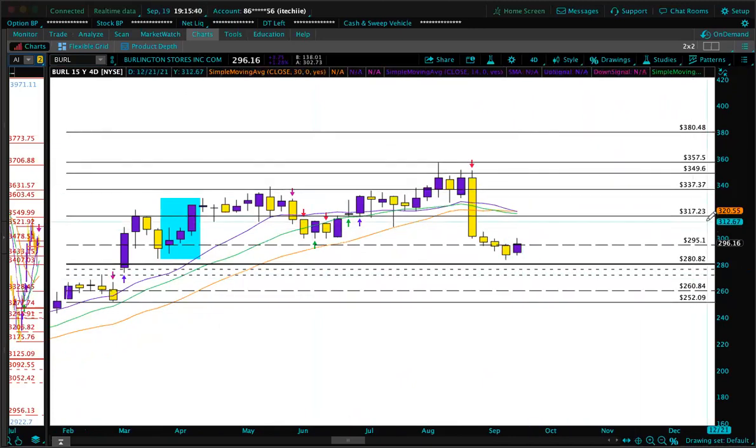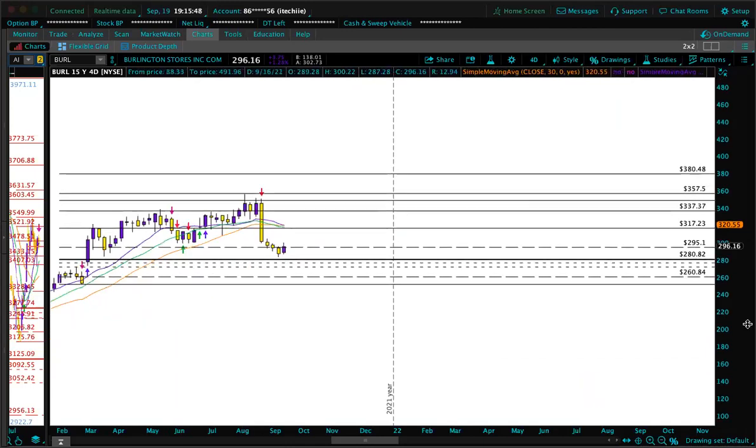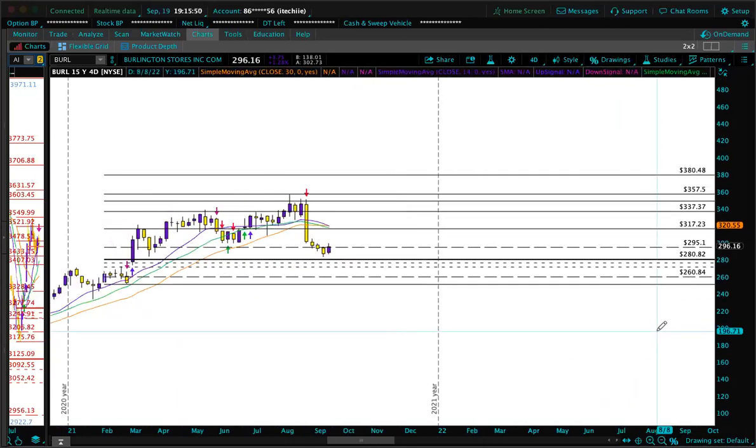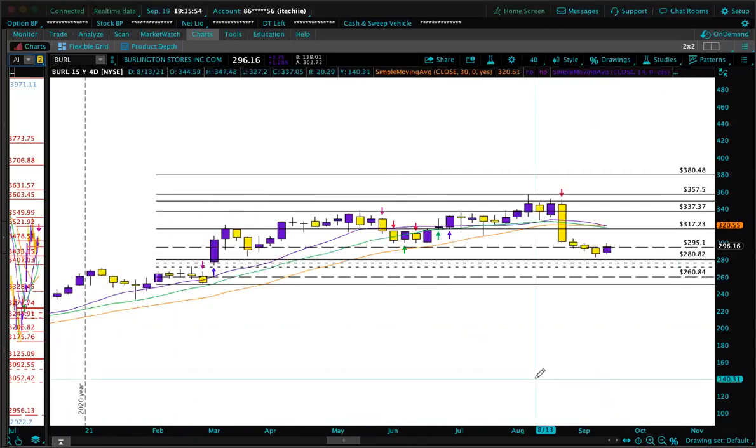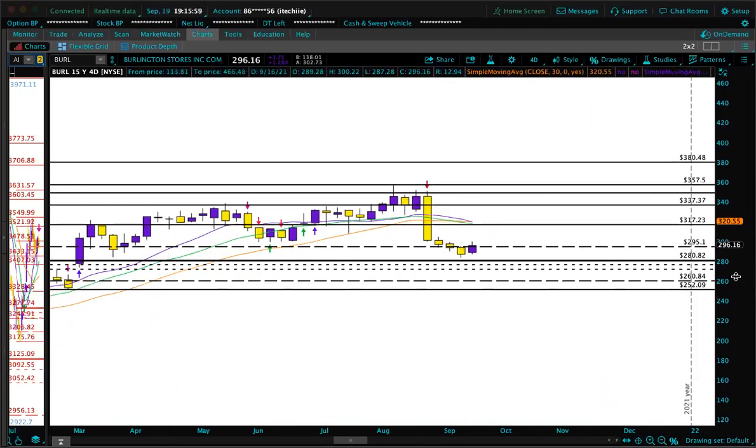And then Friday, again, same thing. I like this ticker because it doesn't have an attachment to the market currently.